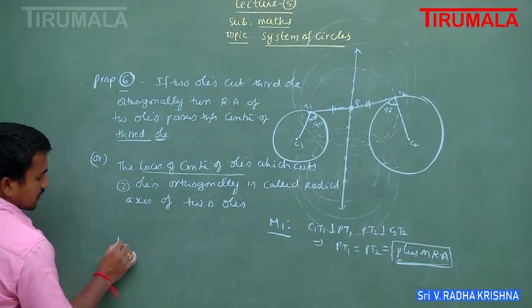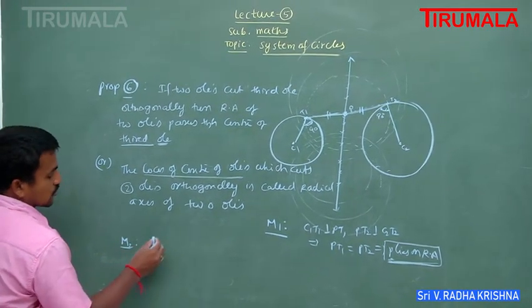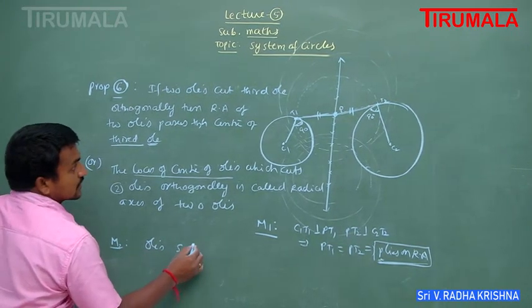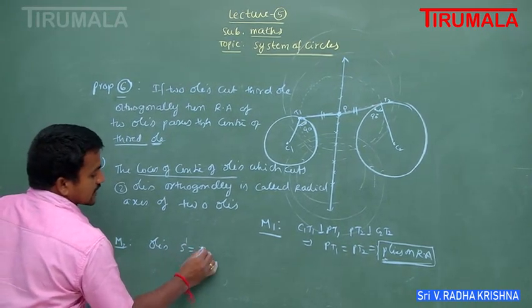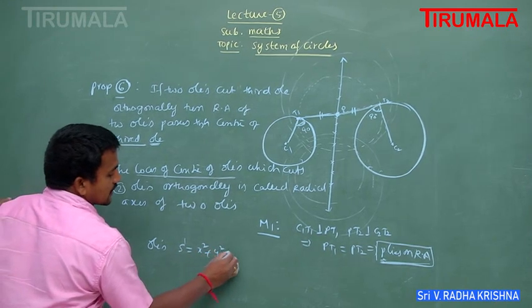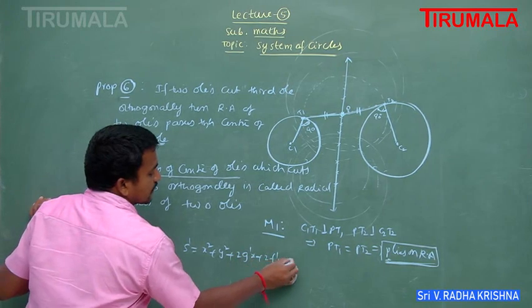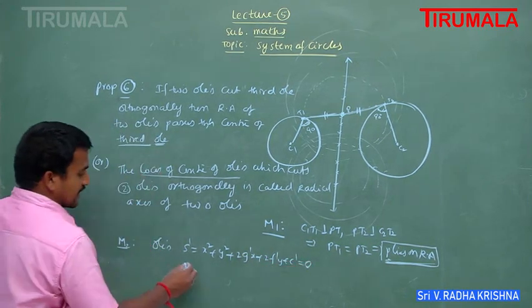So method 2, first two circles. S dash equals x square plus y square plus 2g dash x plus 2f dash y plus c dash equals 0.